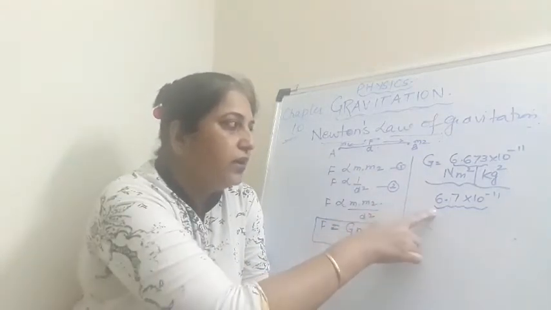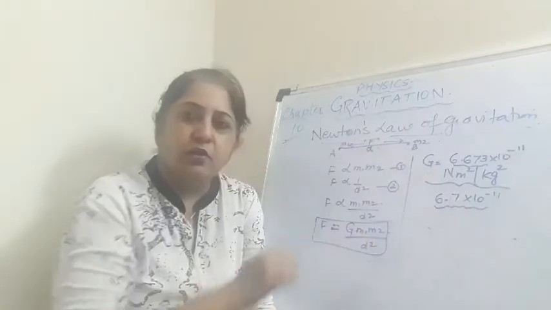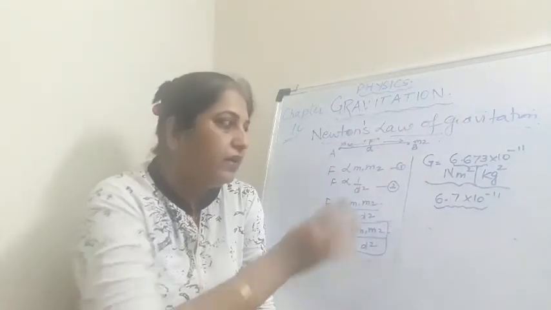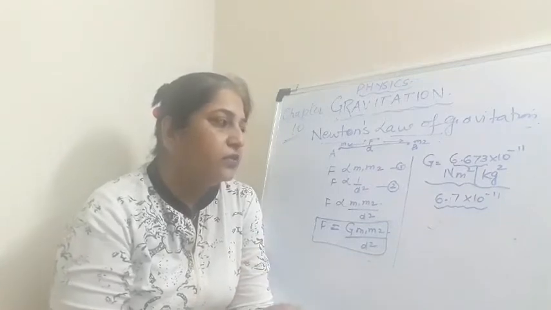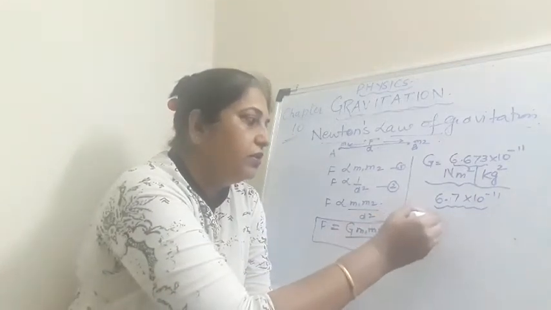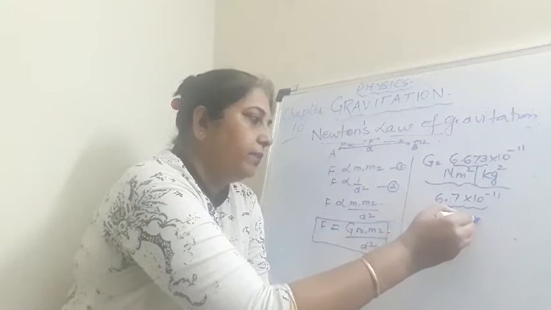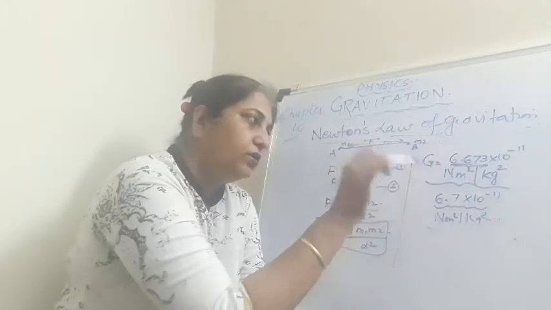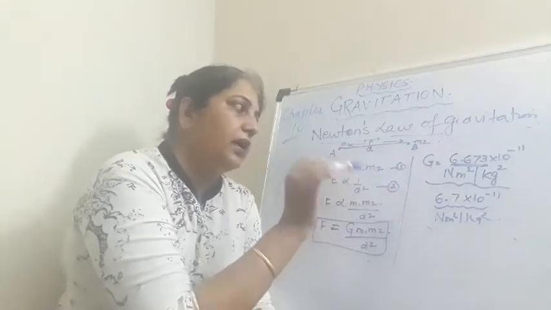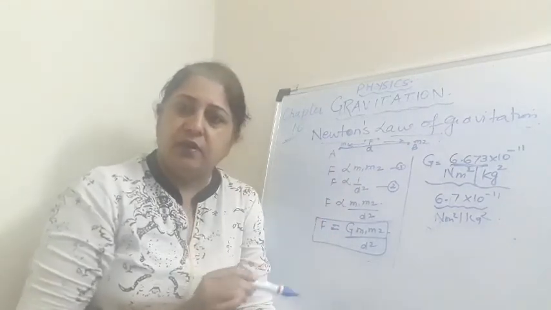And what I have shown you here is, if we have to use this value for the calculations, we can take it just as 6.7 into 10 to the power of minus 11 Newton meter square per kg square. And if the value is given to you that you have to use it, then you have to apply that same numerical value.